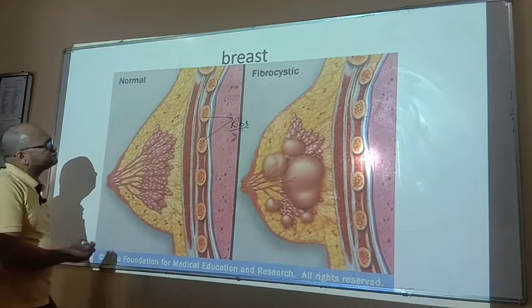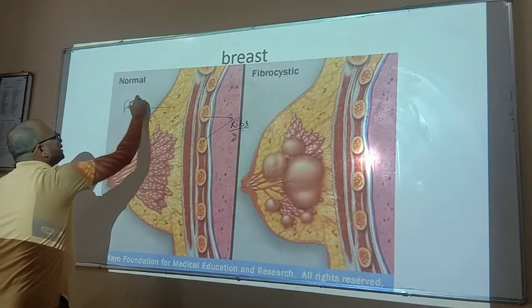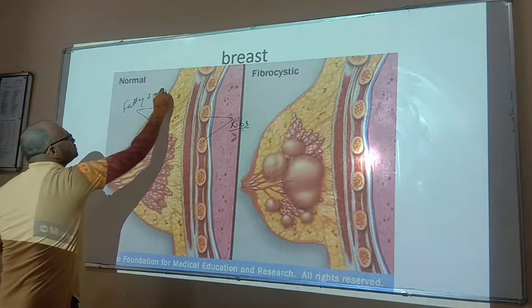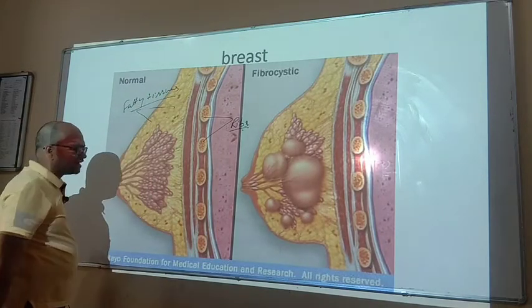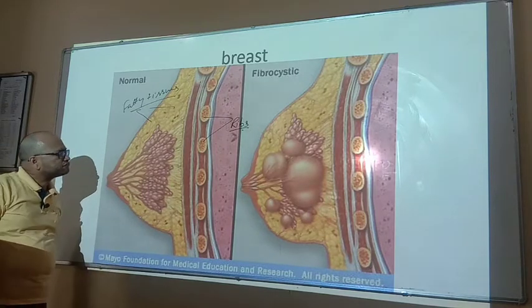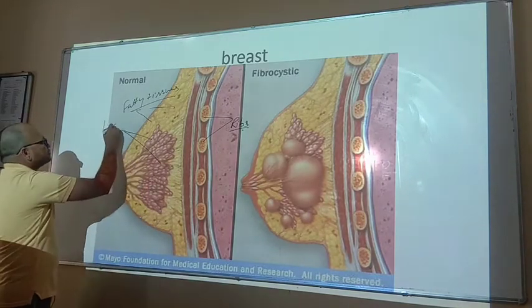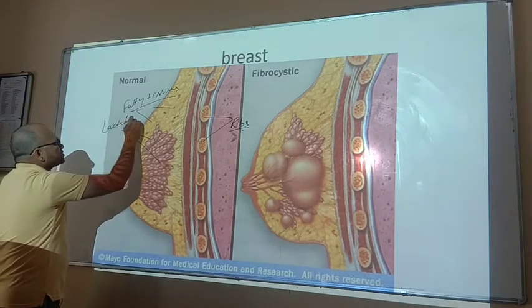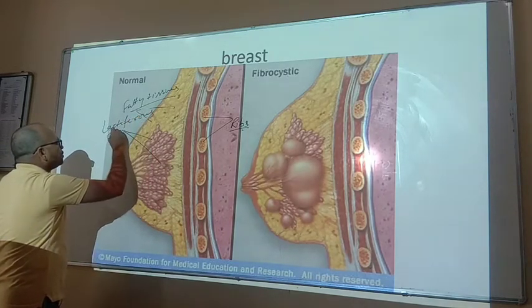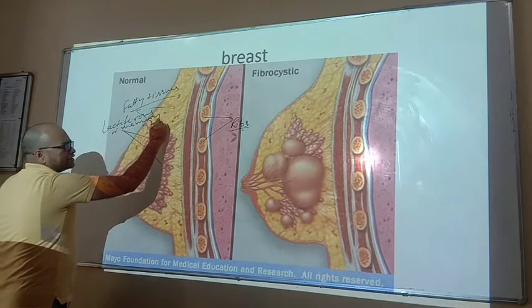Inside the breast, these are the fatty tissues, or adipose tissues, which contain fat, and these are the lactiferous or mammary glands.